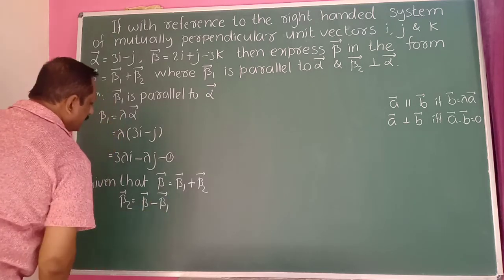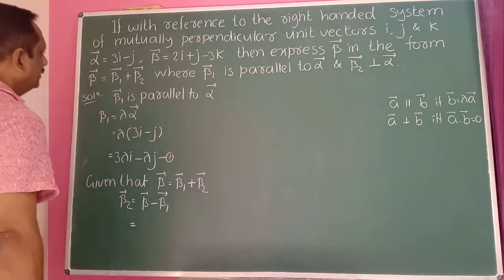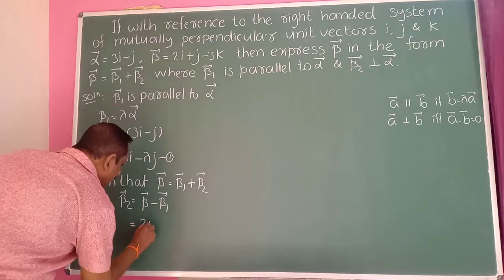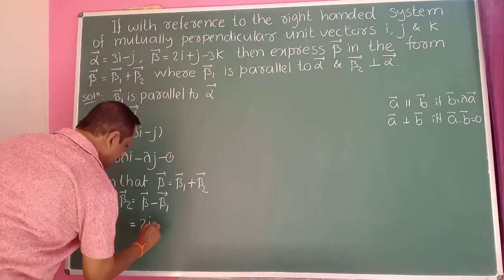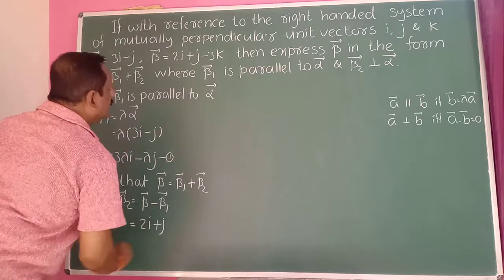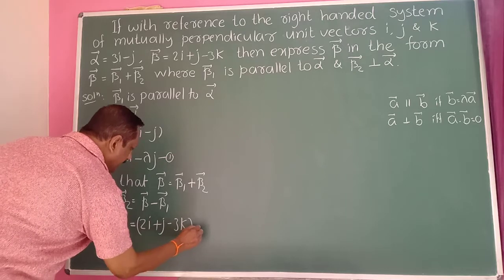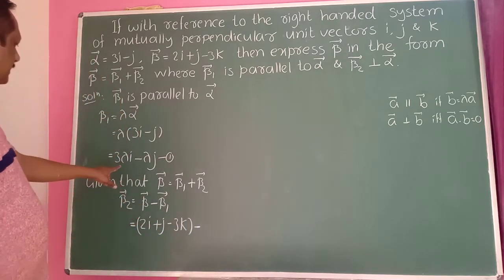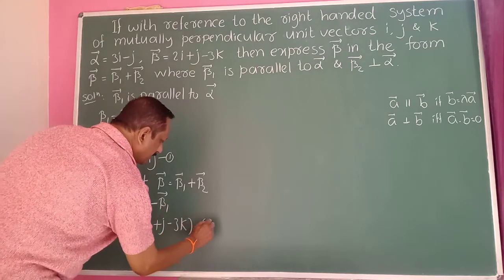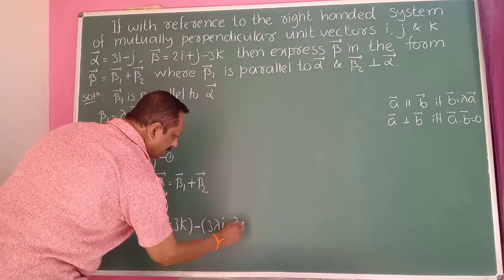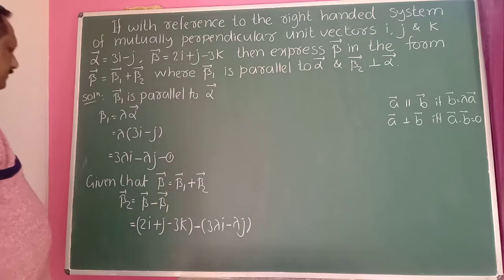Therefore this is equal to, beta is this vector, 2i plus j minus 3k, minus beta 1, which is 3 lambda i minus lambda j.